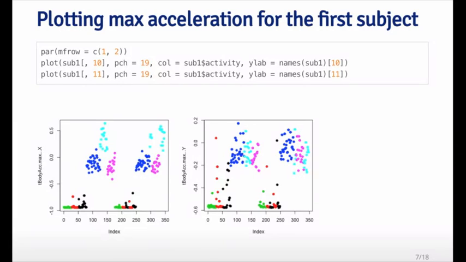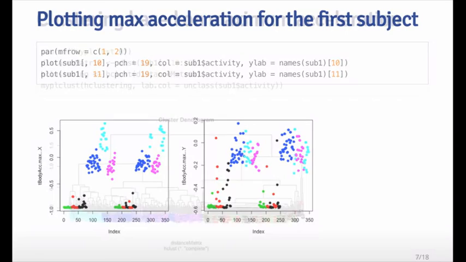Again, for things like laying, standing and sitting, there's not a lot of interesting things going on, but for walking, walking up and walking down, the maximum acceleration shows a lot of variability. So that may be a predictor of those kinds of activities, or at least of separating not moving from moving, which might be kind of obvious in retrospect.